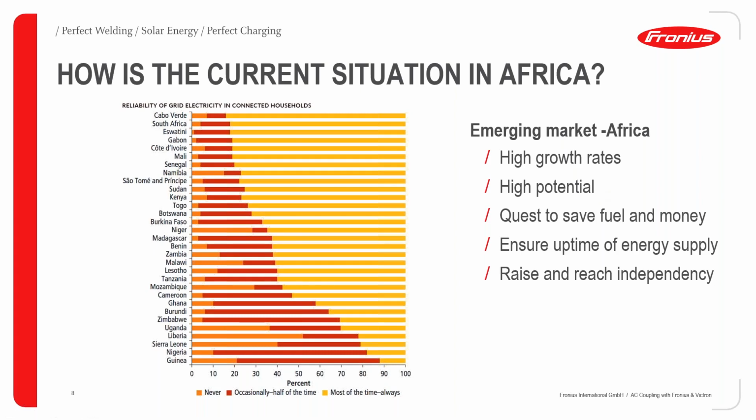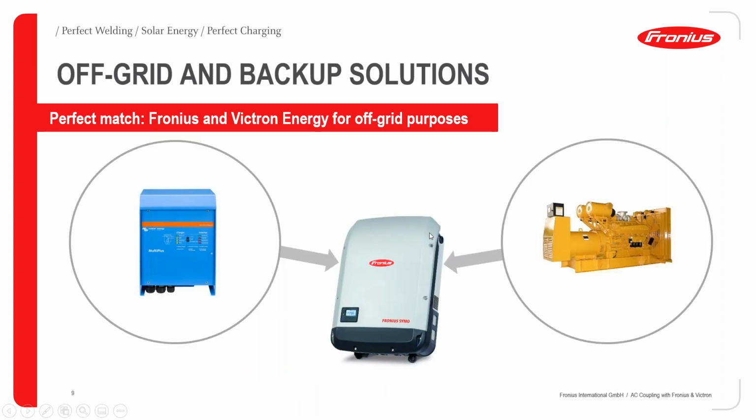And there is the general quest to save fuel and money and ensure uptime of energy supply, all intended to reach independence. This gives rise to the solution that we provide. This includes microgrid, off-grid and backup solutions, including the microgrid and the PV genset solution that Fronius provides.